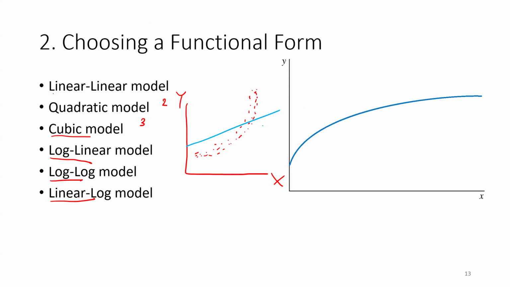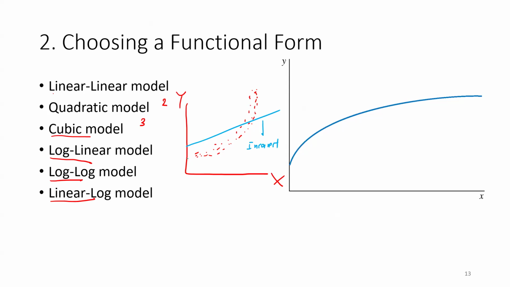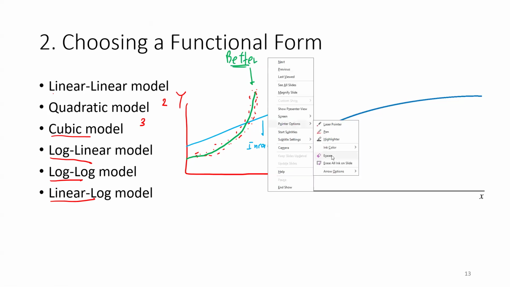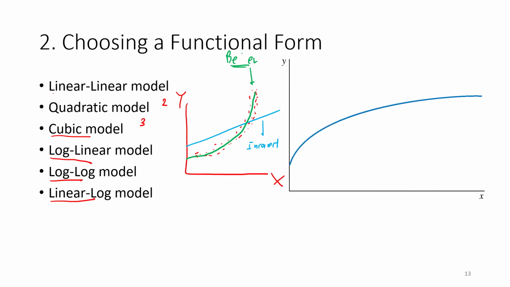You can say that this one must be incorrect, right? So after you plot the data, you may see that if we use some other model, we can fit the data better. This one would be better. Oh, sorry for my handwriting.